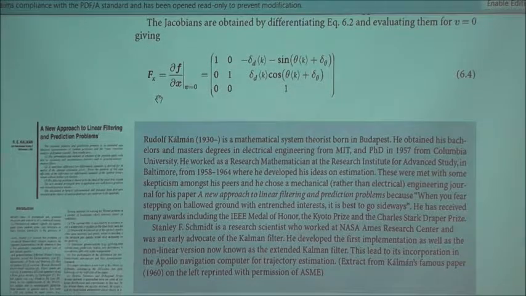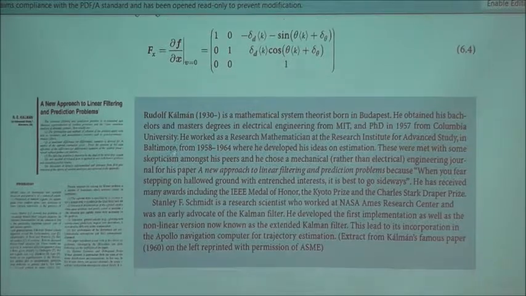And then, of course, this is the history of basically Professor Rudy Kalman, who was born in Budapest, Hungary in 1930, and spent his education at MIT for a bachelor's degree and master's degree, and PhD from Columbia, 1957.